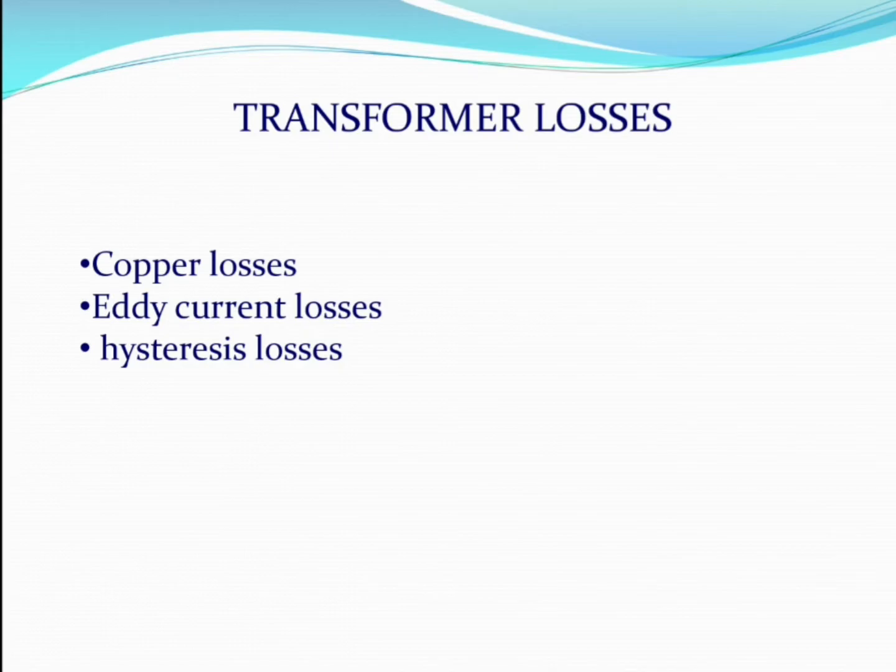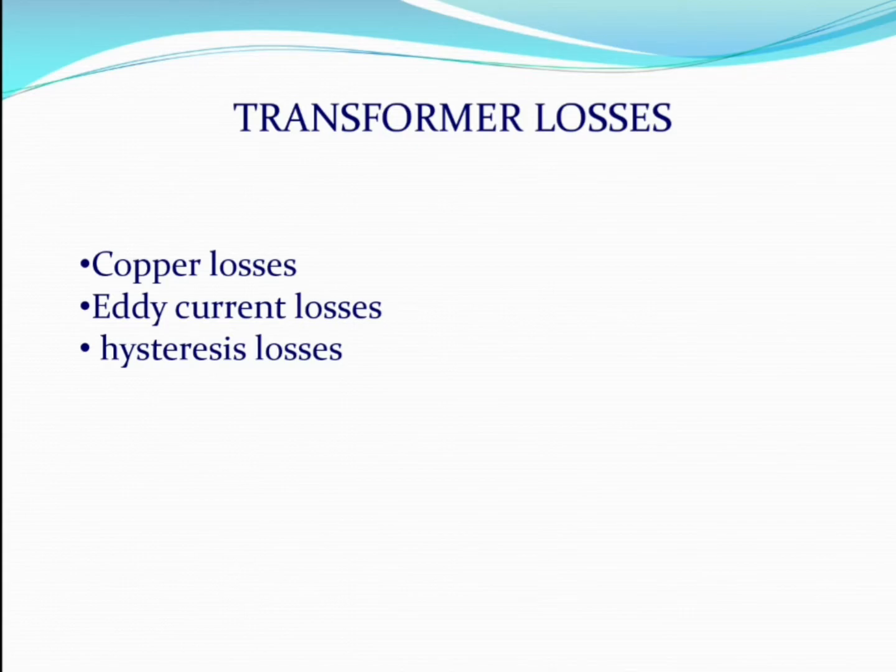Now this eddy current will lead to production of heat in the core, and because of these eddy currents, there is power loss in the transformer. These eddy currents can be reduced by two methods. The first method is you can use a laminated core, where the total path for eddy current will be increased. The second method is we can use a high resistance silicon steel as core.